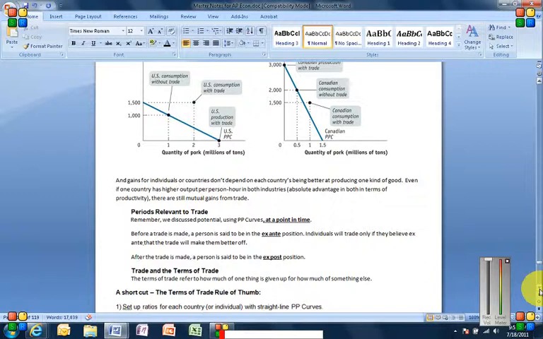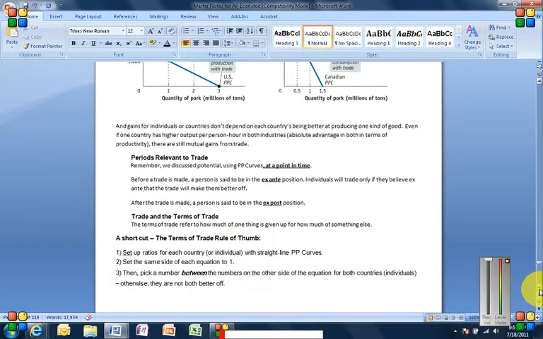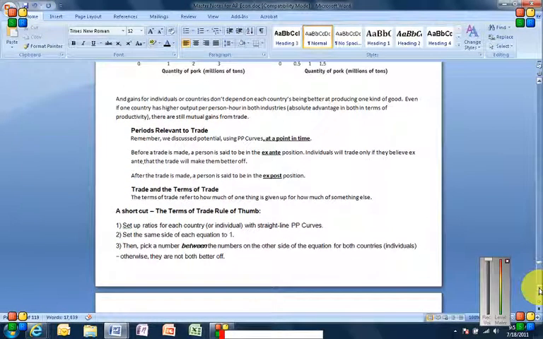But you don't have to do that anymore, because at this point I can share with you a shortcut for determining the acceptable terms of trade, and I'll just call it my own rule of thumb for the terms of trade. Well, how do you do this?